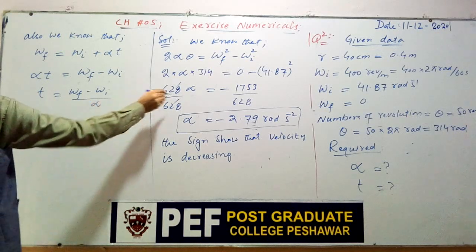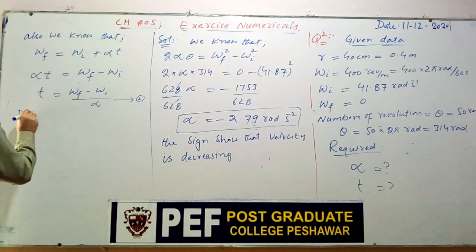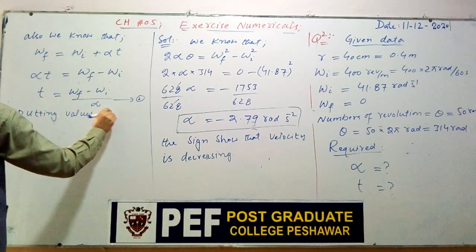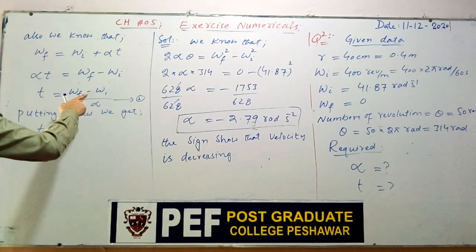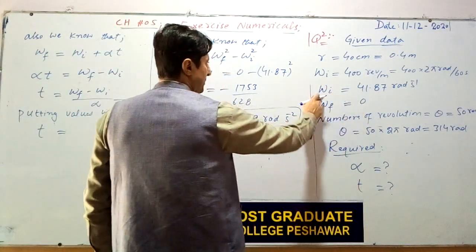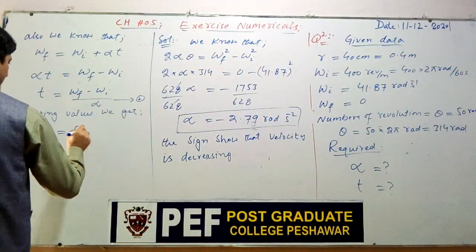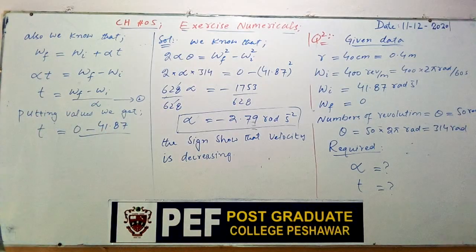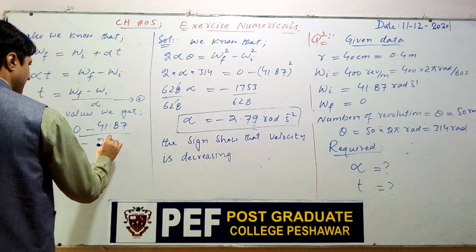So putting values in this equation, we get t equal to, what is the value of omega f? From given data, the value of omega f is 0 and the value of omega i is 41.87. So putting here 0 minus 41.87 divided by, what is the value of alpha? You can put the value of alpha from this equation, which is minus 2.79.